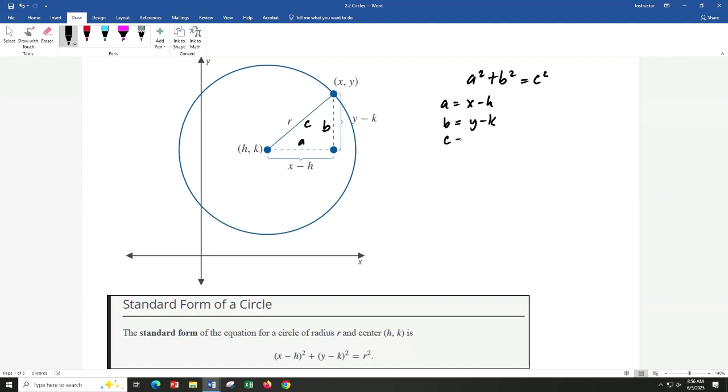And then my c is just going to equal r. R being, for a circle, what's that r going to be? The radius, right? Put everything into the formula. (x minus h) squared plus (y minus k) squared is equal to r squared.